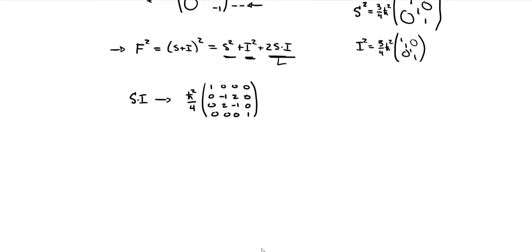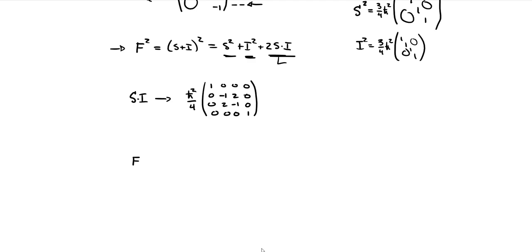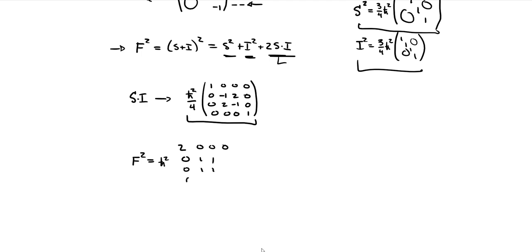We can just add them together and figure out that our F squared matrix is this plus this plus this. What this ends up being is just h bar squared times the matrix 2, 0, 0, 0, 0, 1, 1, 0, 0, 1, 1, 0, 0, 0, 0, 2. So we have that in matrix form. This is familiar to what we did when we solved the hyperfine interaction.